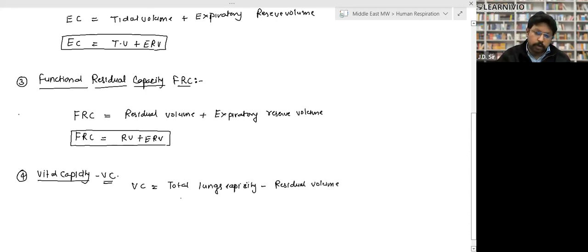So note it down. Total lungs capacity means the total air which the lungs can hold, and that minus the amount of air which cannot be breathed out, which is the residual volume.